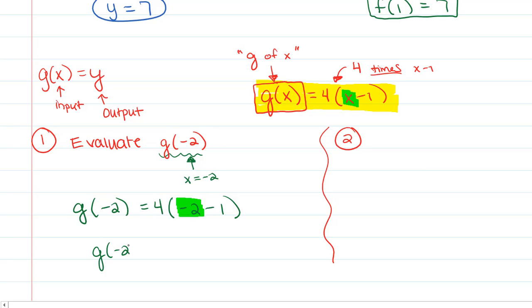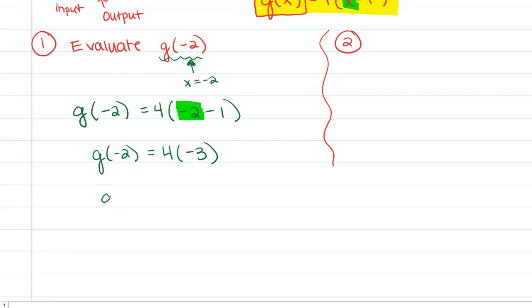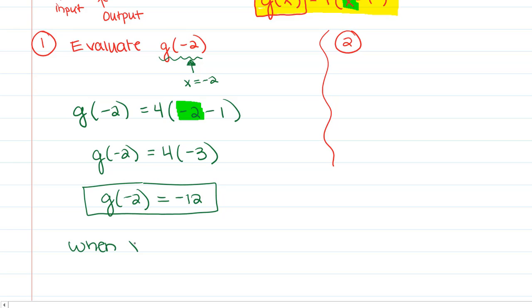I'm going to keep solving. Negative 2 minus 1 is negative 3, and 4 times negative 3 is negative 12. That's another way of saying that when x is negative 2, y is negative 12. Or when the input is negative 2, the output is negative 12.